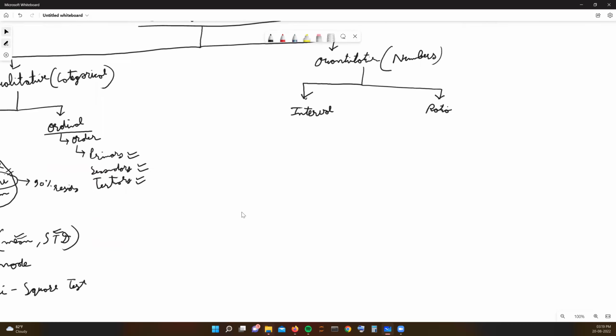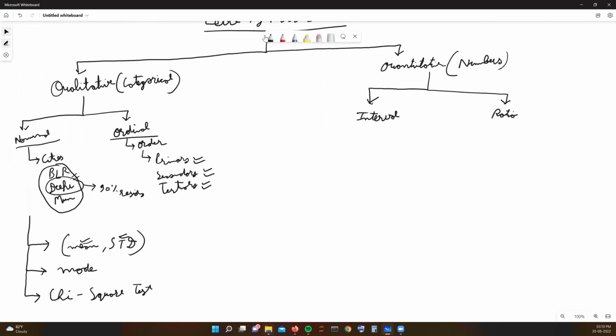Now coming to our quantitative data type, numbers. Interval. An example of interval, as we discussed in the last video also, is oil production. It can be in any range, right?